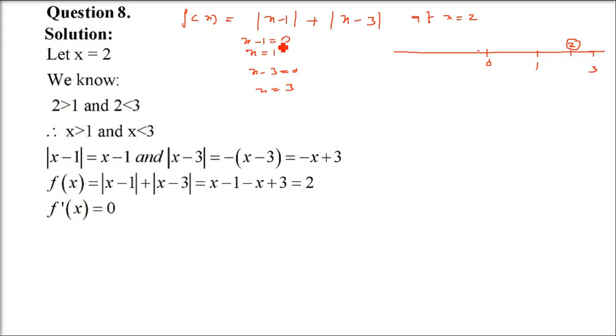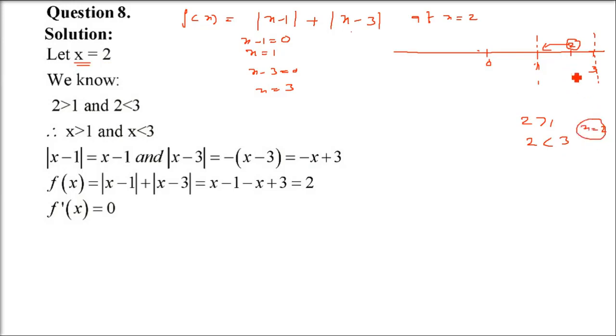For example, for x minus 1 with critical point 1, you are talking about a range greater than 1, because 2 is greater than 1. x minus 3 is related to 3, and 2 is less than 3.